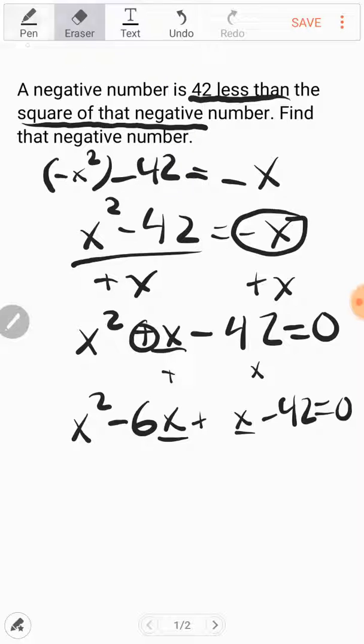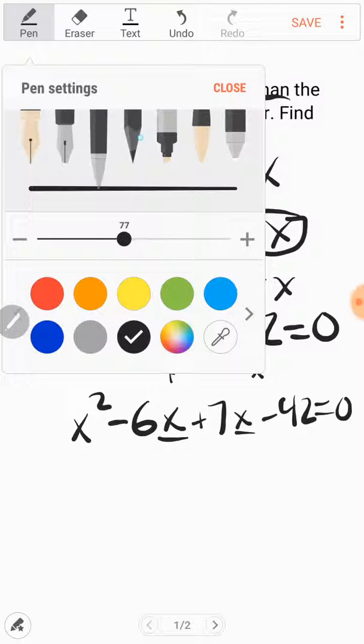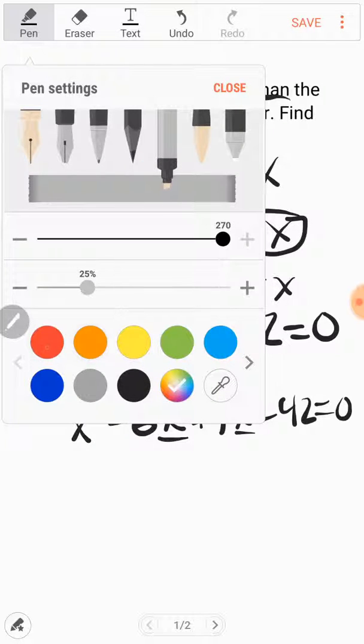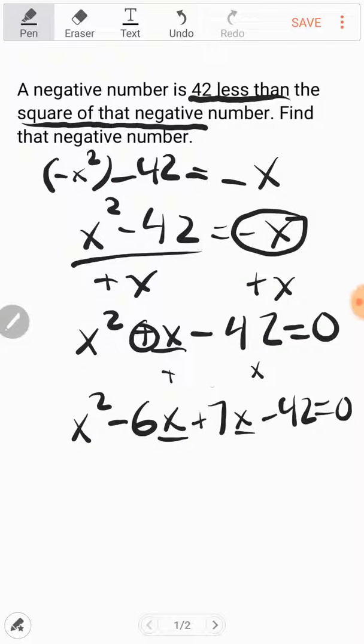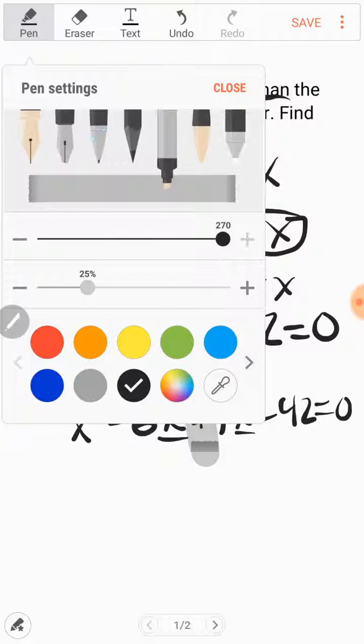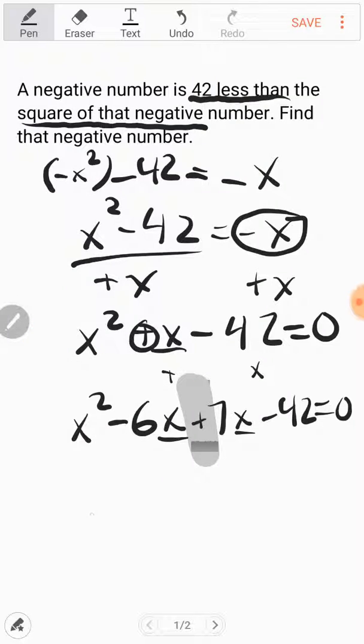We could split this right down the middle. So now we'll get here x squared minus 6x, and then we'll get here 7x minus 42.